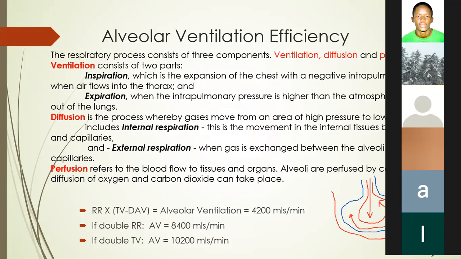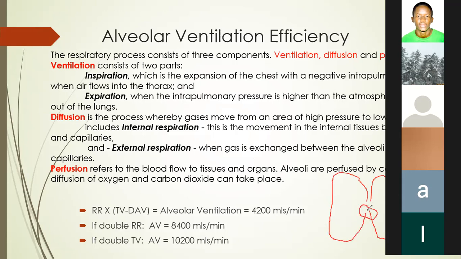Now, having known that, we have looked at ventilation and perfusion, and now I'm going to talk about perfusion. Perfusion is the amount of blood that is flowing to the tissues. And how can you determine perfusion? The lung is supplied with blood from the heart.